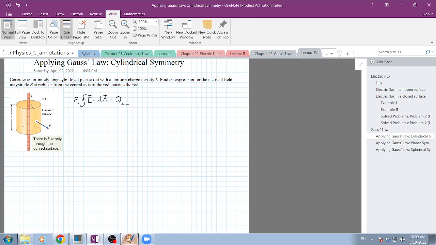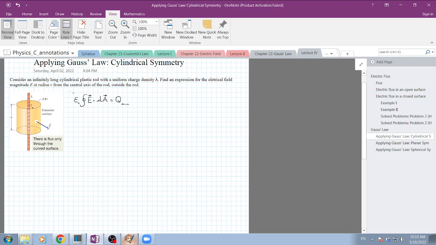And I'm interested in finding an expression for the electric field at a place located at a distance r from the central axis of the rod, exactly as illustrated in this figure of the book.